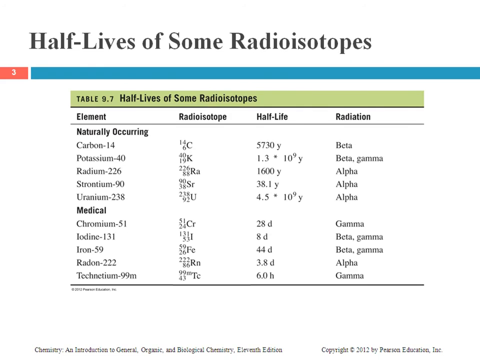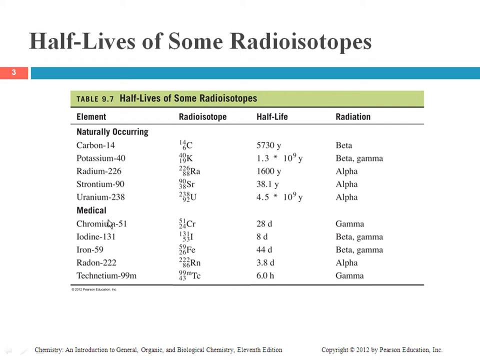If we look at a chart of some naturally occurring versus medical radioisotopes, you will see that, say, carbon-14 has a half-life of 5,730 years. So this is a really long time. It's basically the time that it's going to take for half of a sample to decay over that many years.